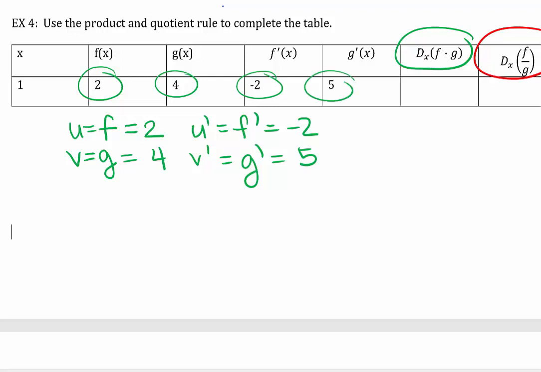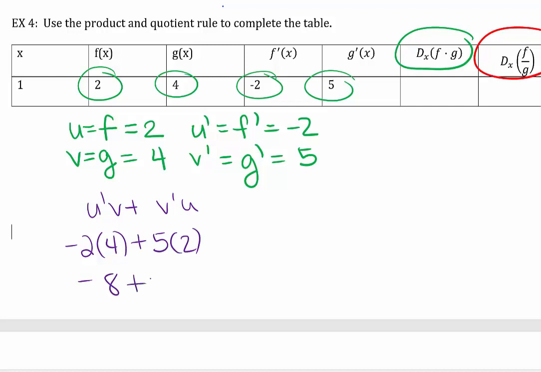And now it's just a matter of plugging these into our formulas. So to find the derivative of a product, I take u prime times v plus v prime times u. So in this case, that's negative 2 times 4 plus 5 times 2, or negative 8 plus 10, or 2. So the derivative of that product would be 2.